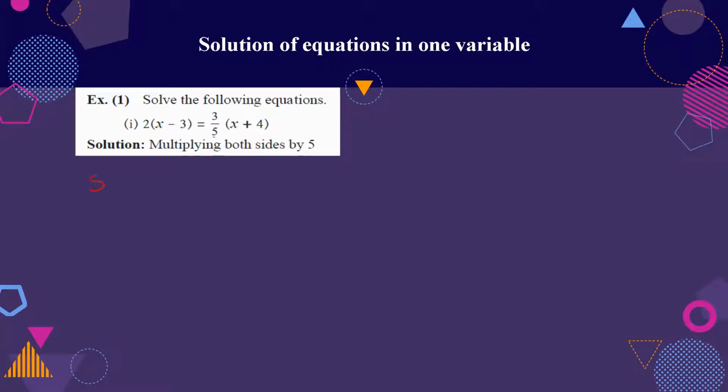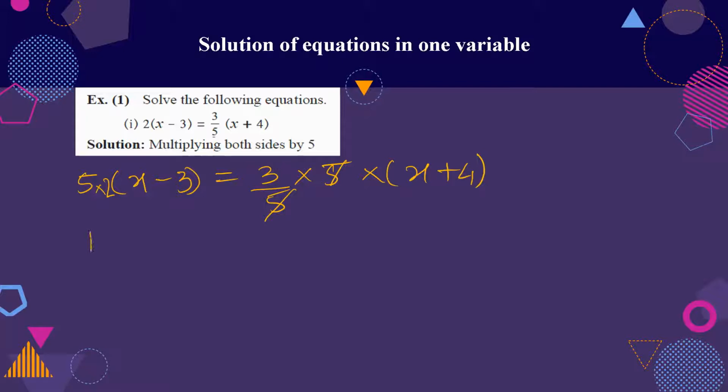So 5 into 2 in the bracket x minus 3 equal to 3 upon 5 into 5 into in the bracket x plus 4. So we'll cancel 5, and from here we'll have 10. So we have 10 into x minus 3 equal to 3 into x plus 4. That is how we get the next step.